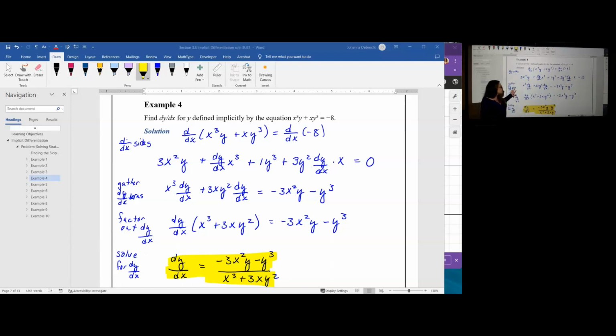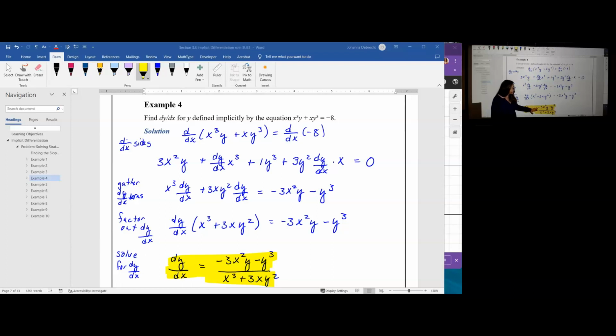Next, we gather our dy dx terms on the left and move the 2 terms that do not have dy dx to the right. And we factor the dy dx out, and finally we divide by its coefficient. This gives negative 3x squared y minus y cubed, all divided by the quantity x cubed plus 3xy squared.